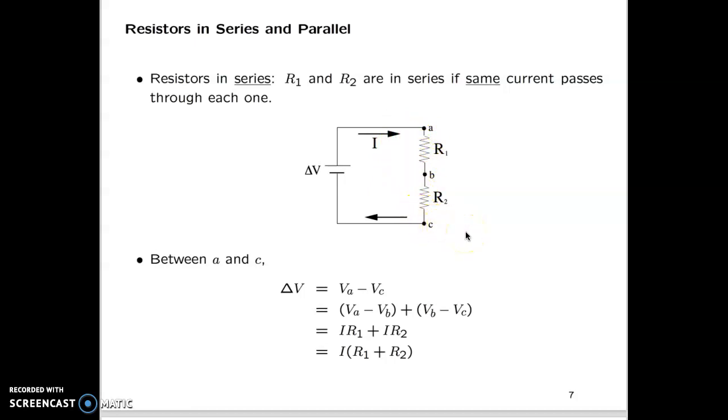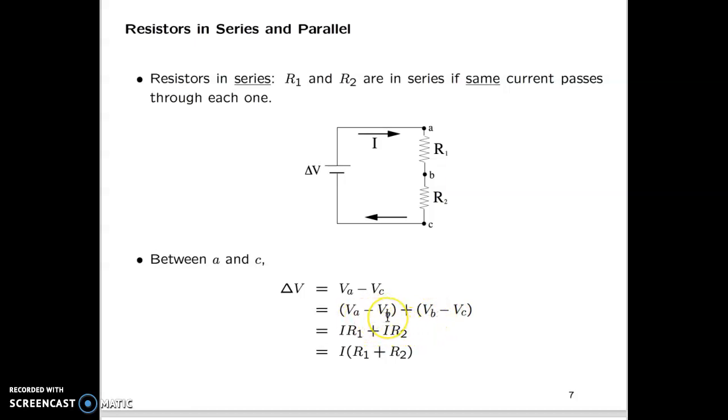Let's calculate the potential difference between point A and point C. V_A is just the electric potential at A, V_C is the electric potential at C. I can write this as V_A minus V_B plus V_B minus V_C. You see how this works because I'm subtracting V_B and adding V_B, so I'm allowed to do that.